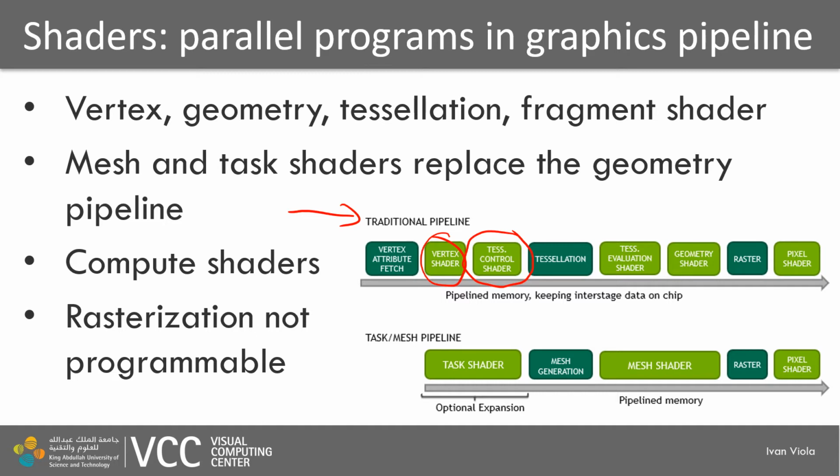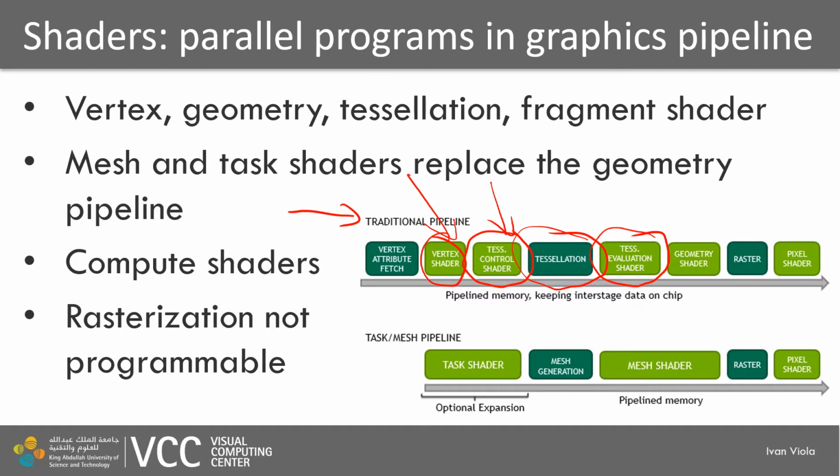So we might have some rough input geometry in the vertex stage, and in each rendering cycle we will be tessellating it, maybe creating a much finer mesh. This is the tessellation stage, and also the tessellation evaluation shader.